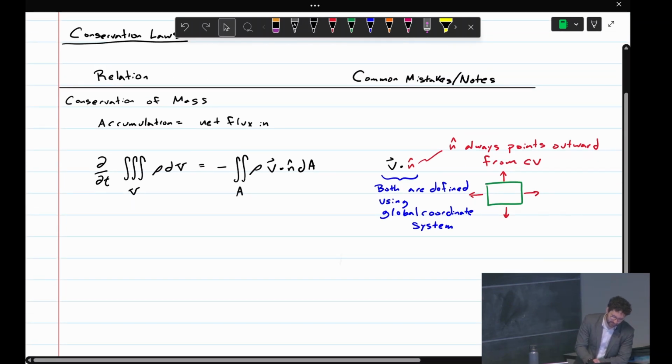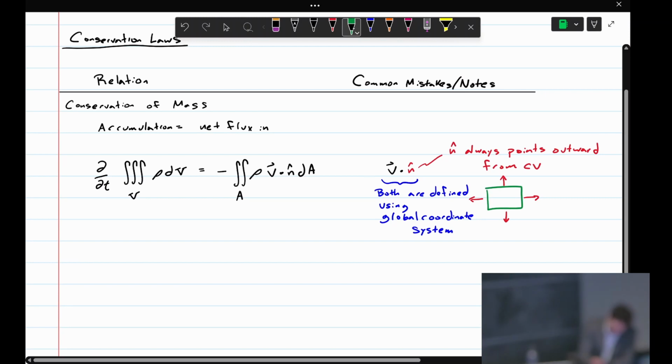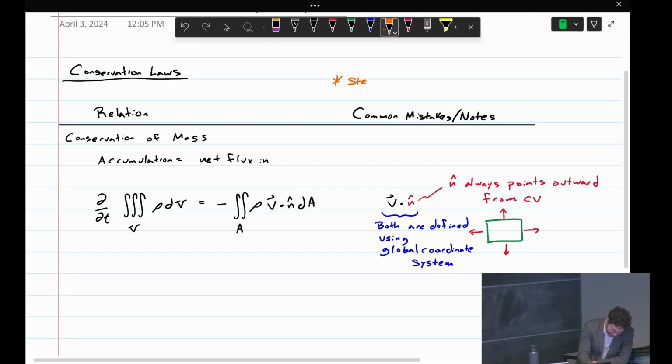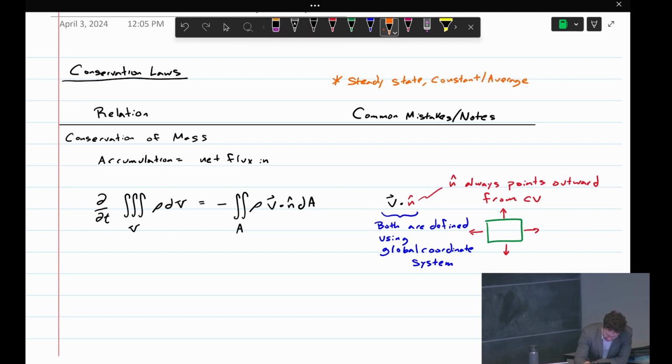I'm also going to give you those shortened formulas, but I'll put a little asterisk. You should know that there are some restrictions. The asterisk will mean steady state with constant or average inlets and outlets.